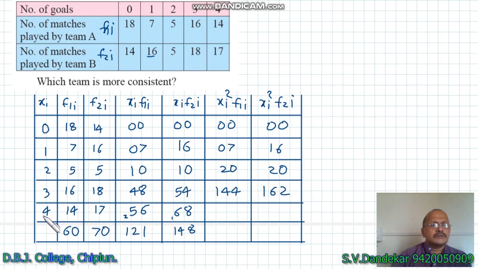For 16, 4 4s are 16, 16 into 14, 224, and 16 into 17.